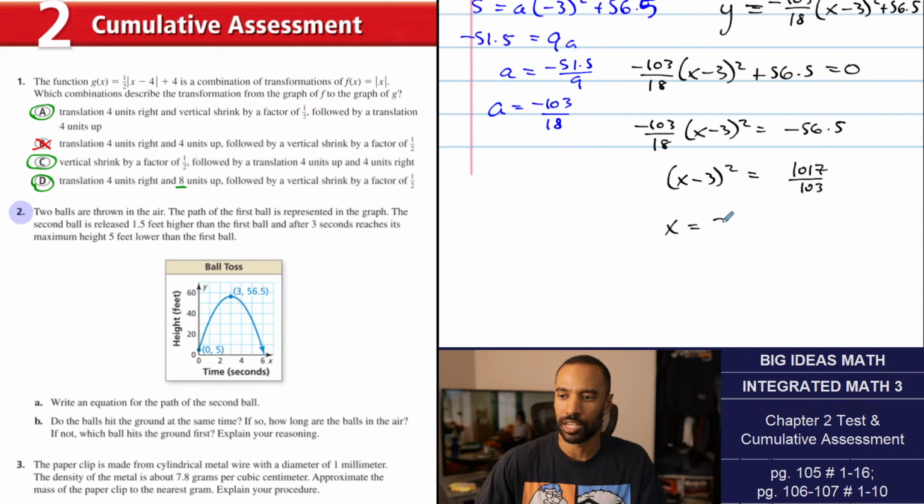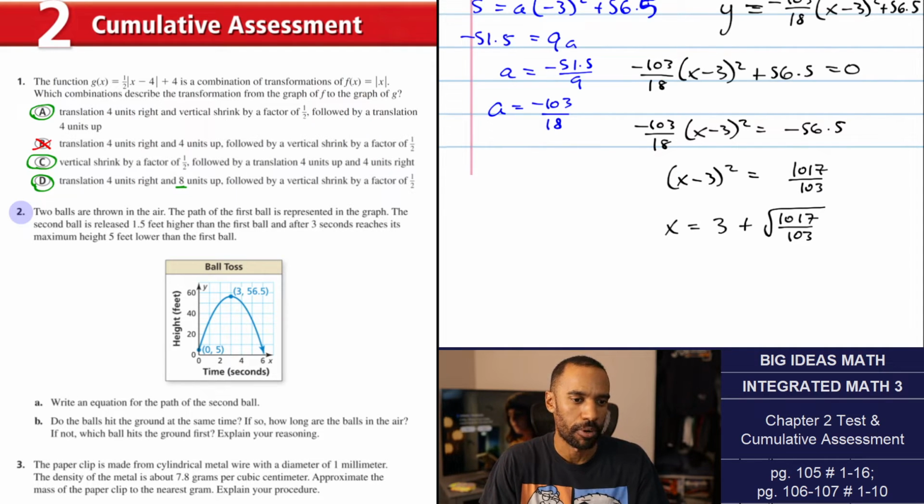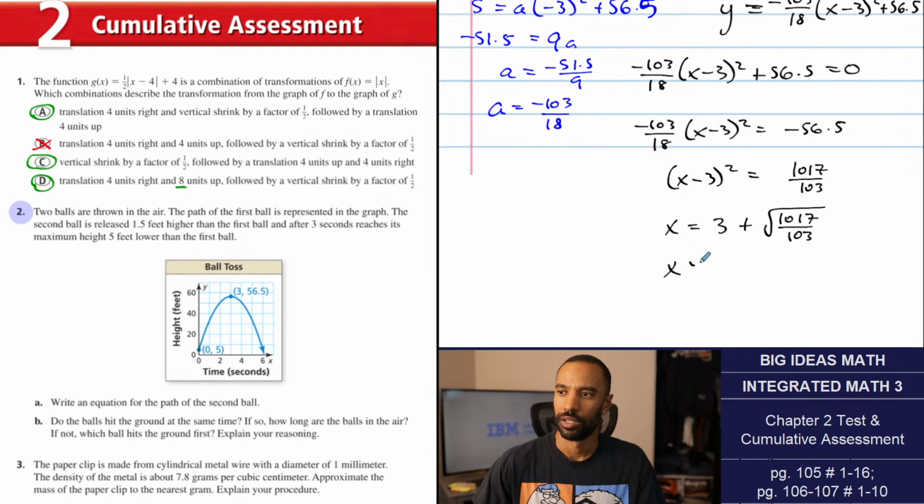So X equals, I'm going to add the 3 as I take the square root. 3 plus the square root of 1017 over 103. If I didn't mess up any numbers along the way, this should be a number that's just beyond 6 as well. So 3 plus the square root of 1017 divided by 103. It's kind of a weird model for a question. 6.14 seconds.